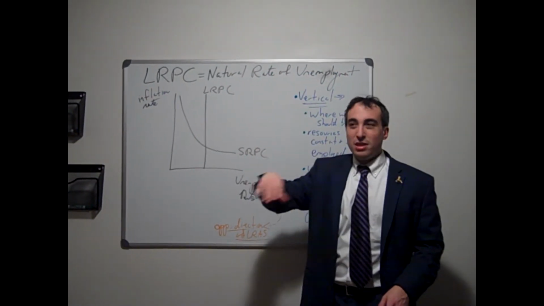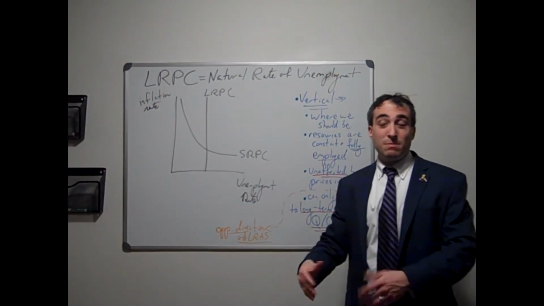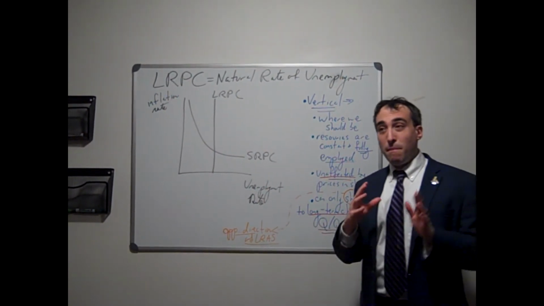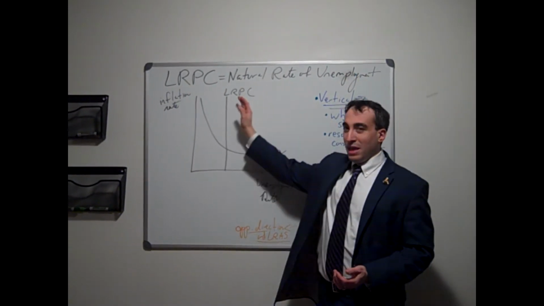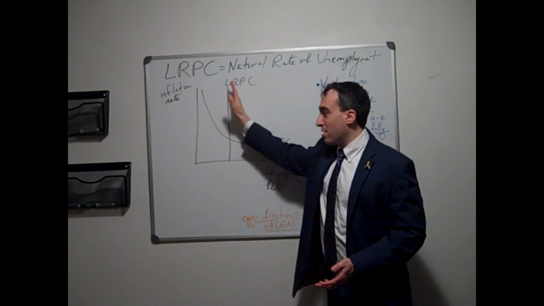There is no cyclical unemployment, but structural and frictional does exist. The economy is truly where we should be, and that is represented by the LRPC being a vertical line.